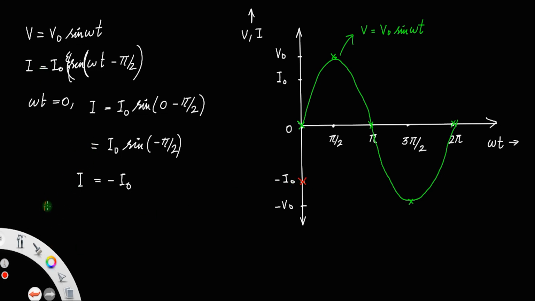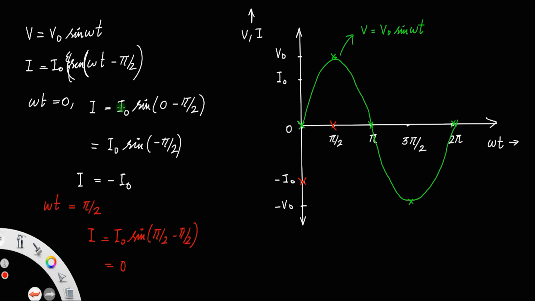Now what happens when omega t is equal to pi by 2? Clearly, I equal to I0 sine of pi by 2 minus pi by 2. Pi by 2 minus pi by 2 is 0, and sine 0 is 0, so the value becomes 0. So when omega t is pi by 2, the value of current becomes 0.